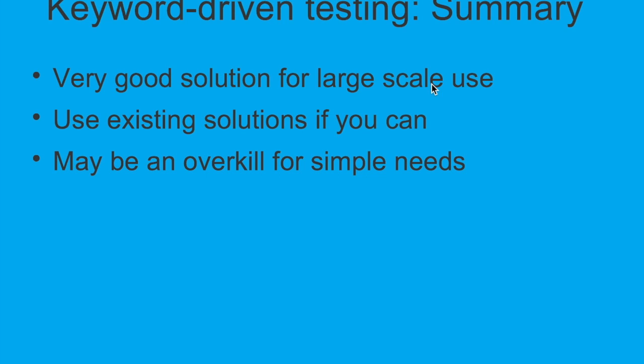Keyword-driven testing summary: this approach is a very good solution for large-scale use. Use the existing solution if you can. It's pretty nice because it can use a lot more solutions. So if you have something, just go ahead and use it. Maybe it can be overkill for a simple need, but still I suggest it's good for the bigger organization.